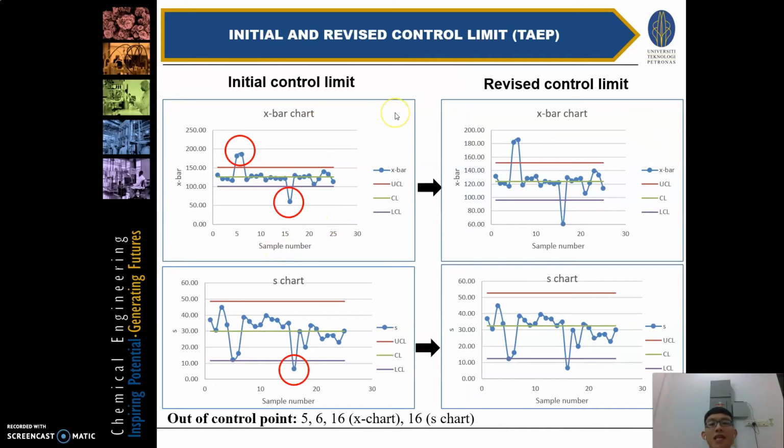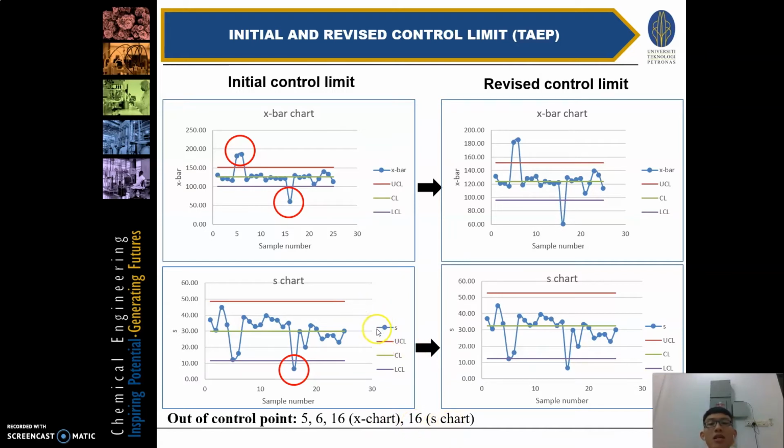And then for the TAEP control limit, we can see that in the initial control limit, there are 3 data points out of control in the X bar chart and 1 data point out of control in the S chart, which are 5, 6, 16 for the X bar chart, and 16 for the S chart.